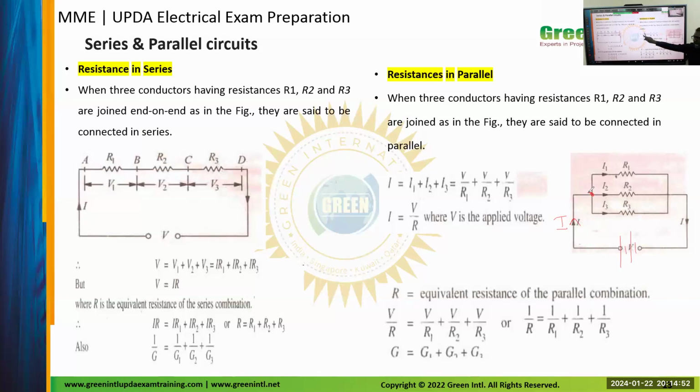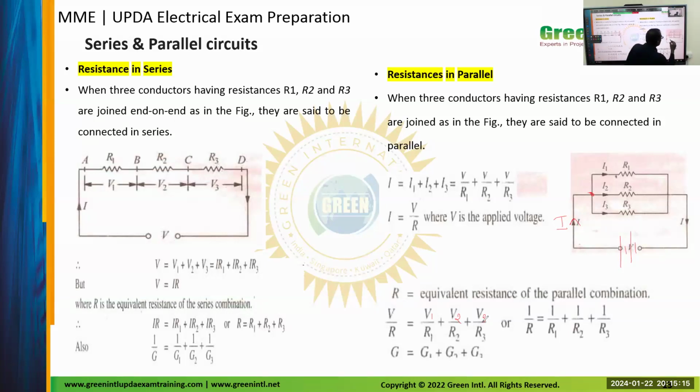Now we need to calculate I1. How to find I1? By using Ohm's law, I1 is equal to V1 by R1, V2 by R2, V3 by R3. And here we have a parallel circuit.